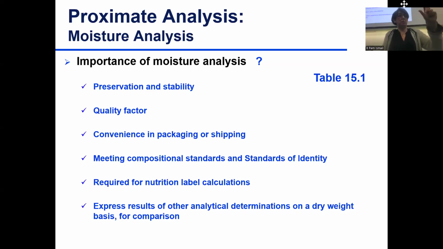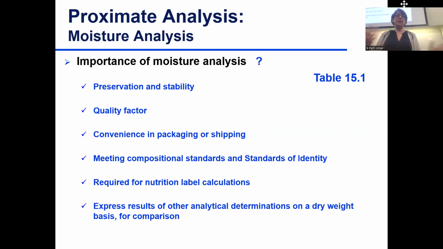You can sell a concentrated milk rather than the entire whole volume of liquid milk, better for preservation. And sometimes you want to measure to determine if the product meets the standard of identity, and this is very important for milk. So milk has 87% water. If you measure water of milk and it's 89 or 90, that's watered down milk.